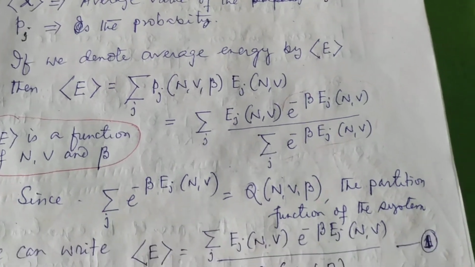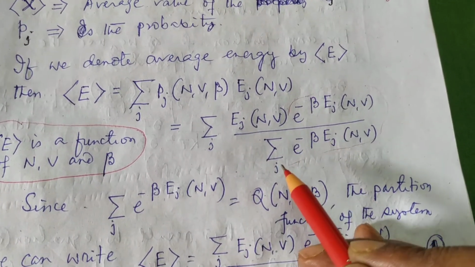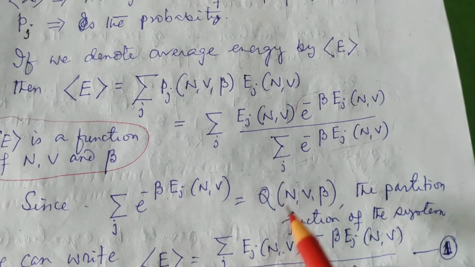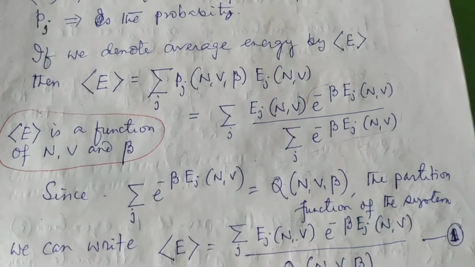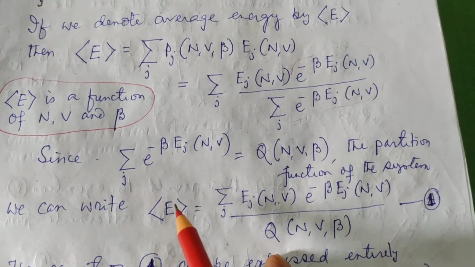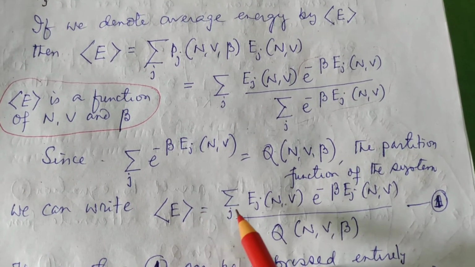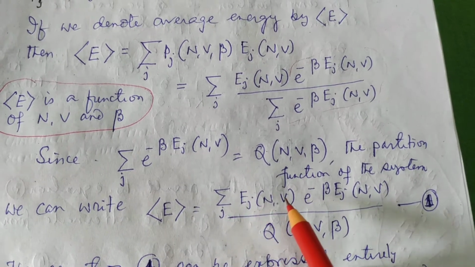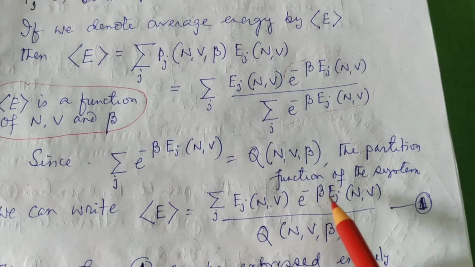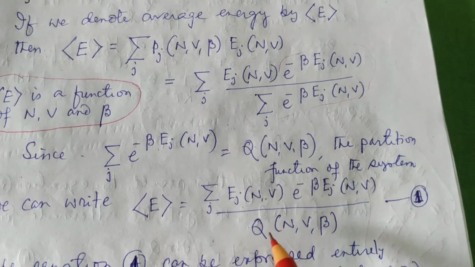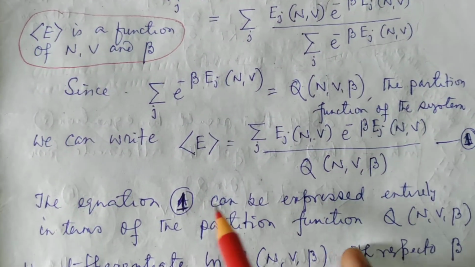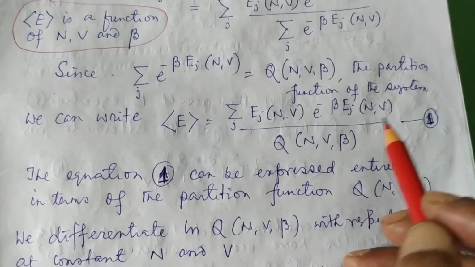Now, since the sum over j of e to the power minus beta Ej(N,V) is equal to Q, the partition function of the system, we can write average energy equals the sum over j of Ej(N,V) e to the power minus beta Ej(N,V) divided by Q(N,V,beta). This is equation number 1.